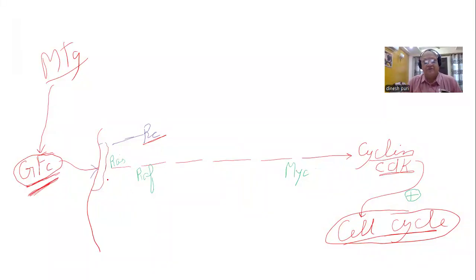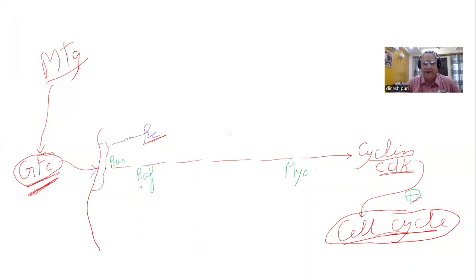So all these are called proto-oncogenes. I would even say that the growth factor receptor itself is a proto-oncogene, or you can call growth factor also a proto-oncogene. So RAF, for example, you can see it is an important link in the signaling pathway leading to progression of the cell cycle, leading to the mitotic division.